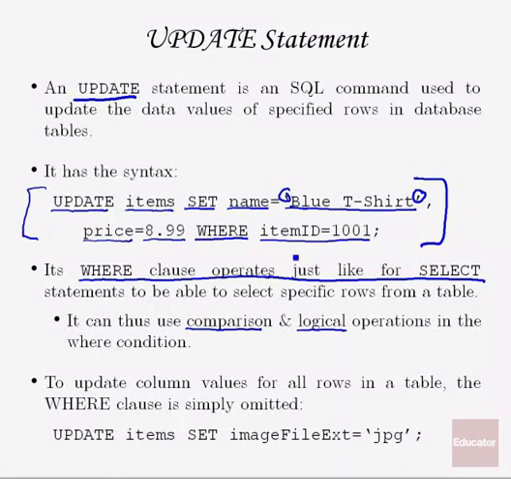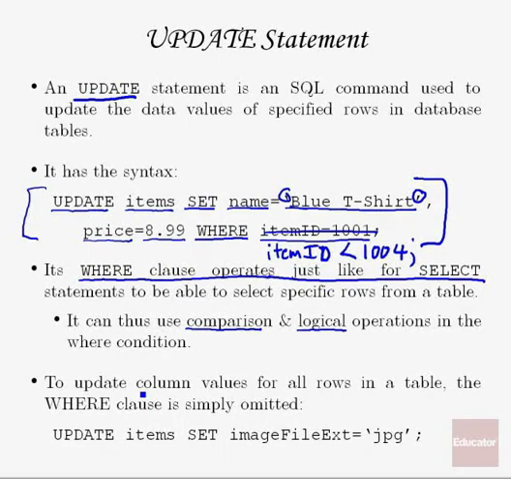For example, instead of saying where item ID equals 1001, you could say, using a comparison operator, where item ID is less than 1004. Now this may not be something you want to do, but just as an example, this would update all the rows in the items table, set their name value equal to blue t-shirt, set the price equal to $8.99 for all of the items where the item ID is less than 1004, so you'd actually update multiple rows.